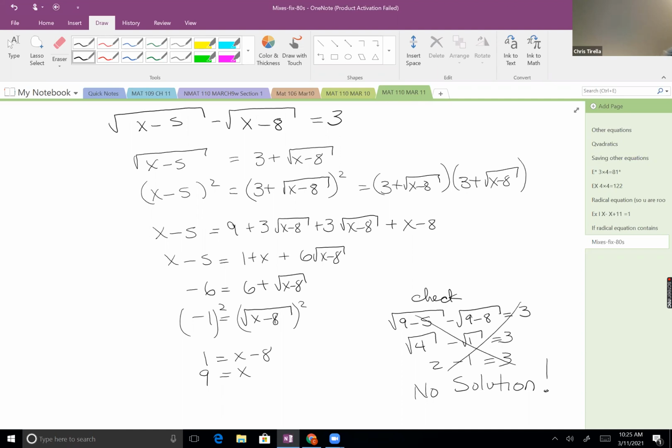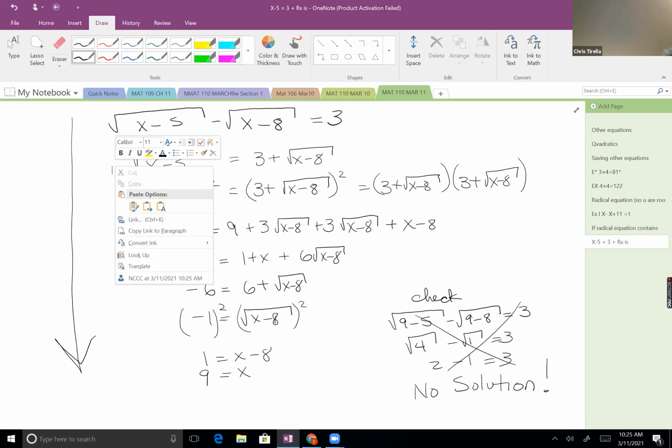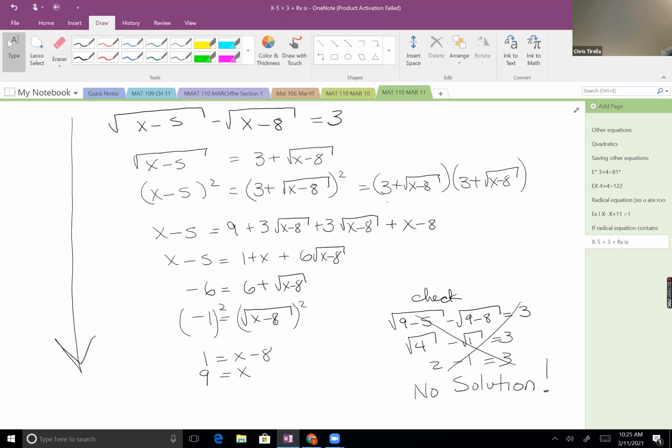Did anybody have problems working through all of this? Again, get one of the radicals alone, square both sides. And this is where they get a little ugly. When I square the binomial side, I need to think of multiplying it by itself or using the method of squaring a binomial, which gives me an equation that still has a radical left.